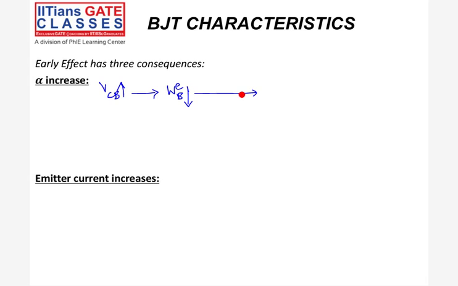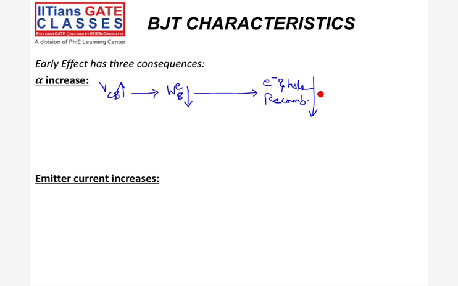Number of electron hole recombinations inside base region will be reduced. Electron and hole recombination reduces because effective base width reduces.